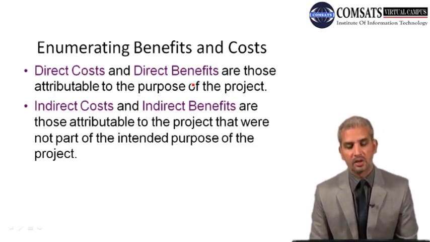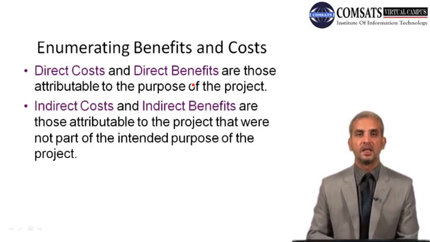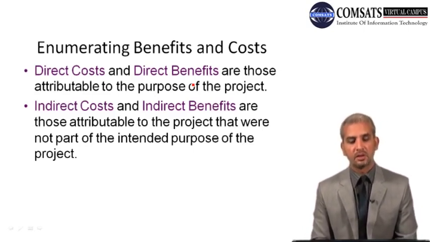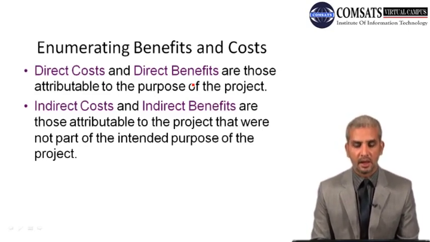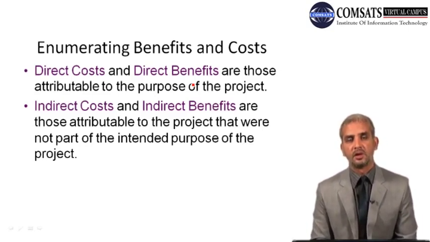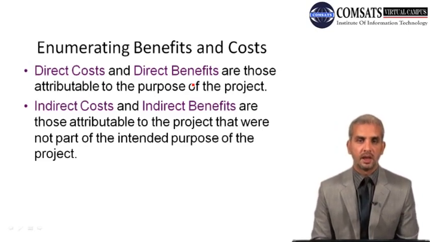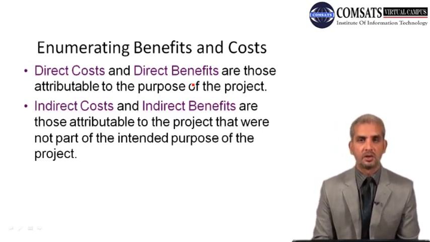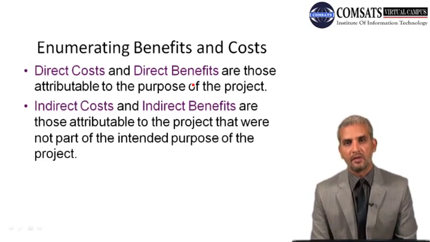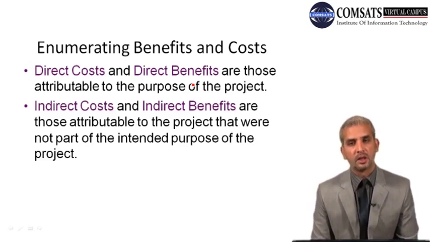So there are indirect costs and indirect benefits, and while making a list of benefits and costs, we need to consider the direct cost as well as the indirect cost, and direct benefits as well as indirect benefits, because the total social cost would be direct cost plus indirect cost, and the total social benefit would be direct benefits plus indirect benefits.